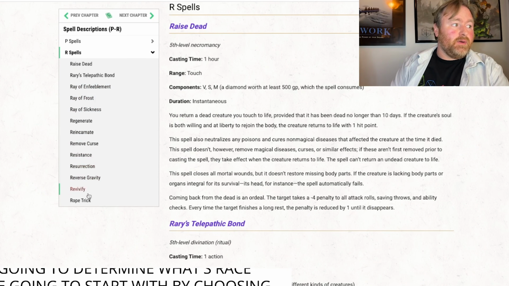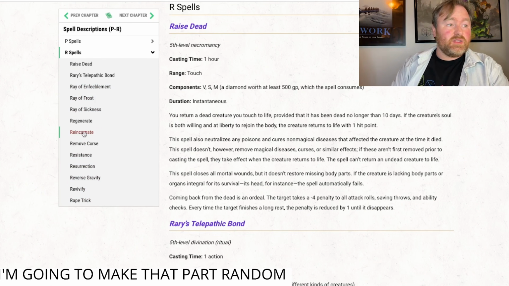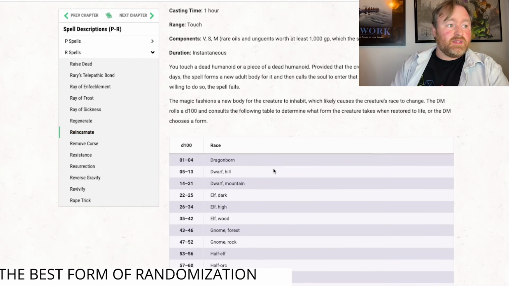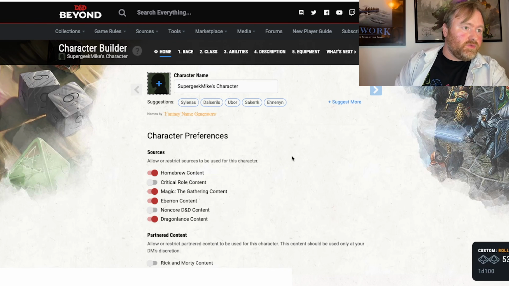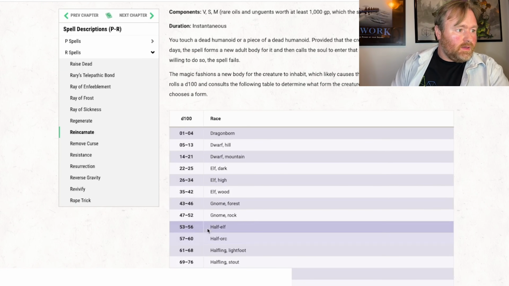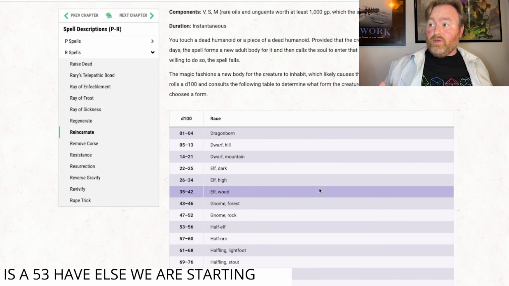I'm going to make that part random. And the best form of randomization for an ancestry in this game is the reincarnate spell. So let's roll a d100. 53. Half-elf. We are starting today by creating a half-elf.